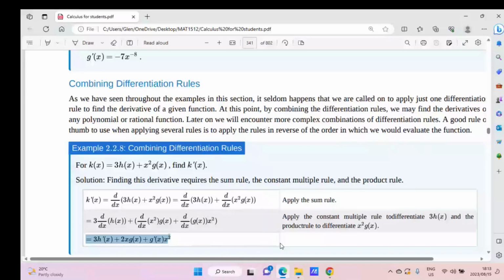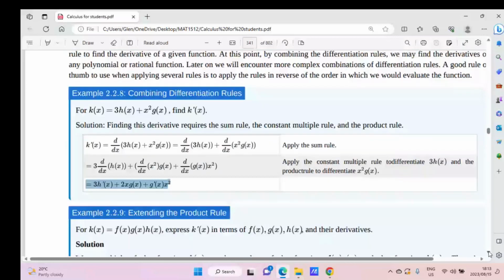Okay, thank you. Now, if there is an agreement, let's look at this next example. All right. Can you all see this example? Example 2.2.9.